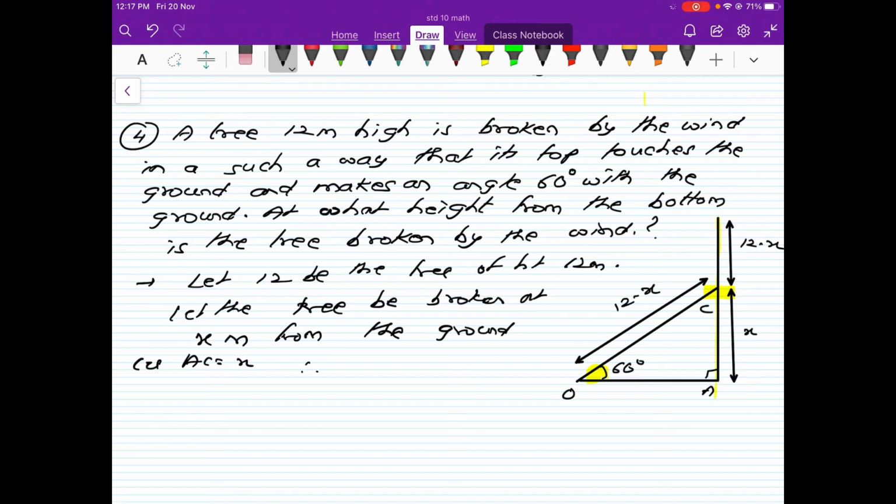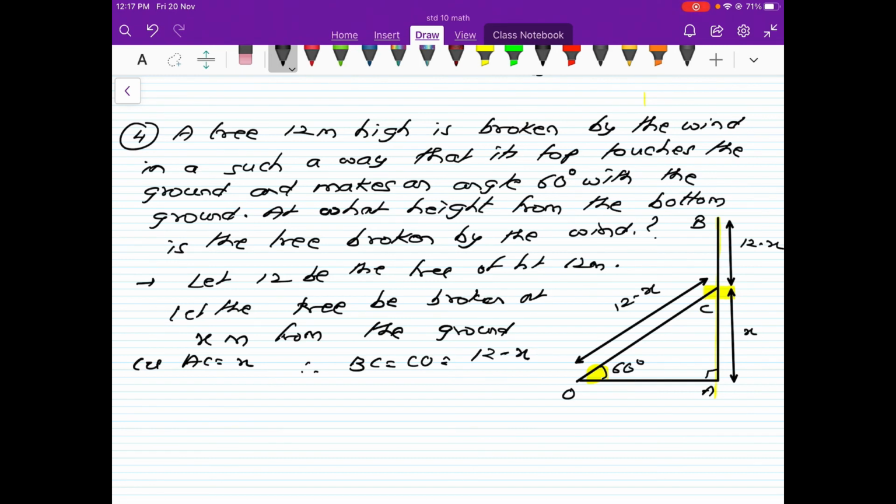Therefore we can say BC is the part which is getting broken down and it is equal to CO, and this is nothing but 12 minus x, because the remaining part is 12 minus x.